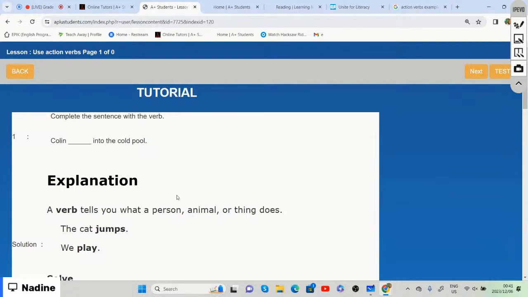So once again, a verb tells you what a person, an animal, or thing does. And we made quite a few examples of verbs or action verbs. So now it says we need to complete the sentence with the verb.